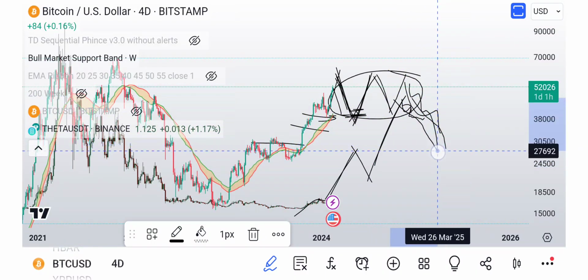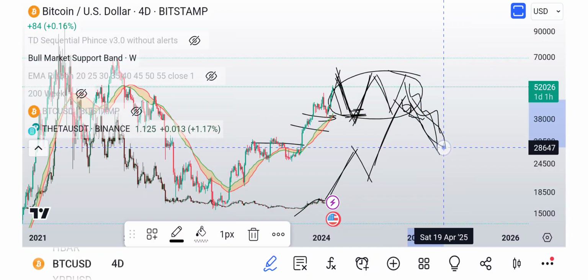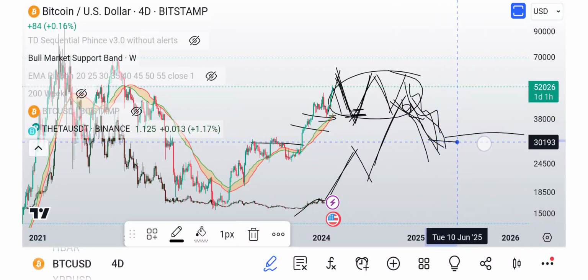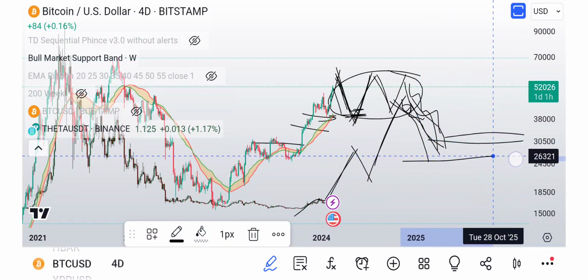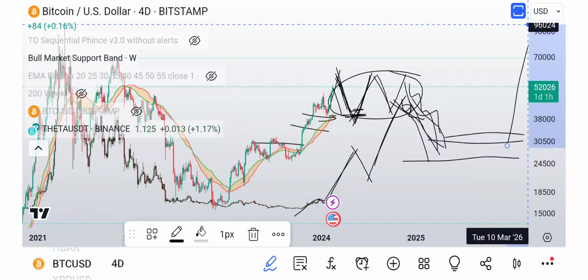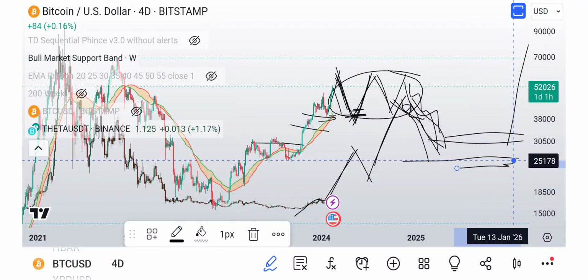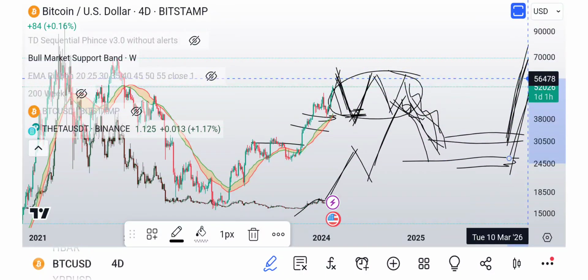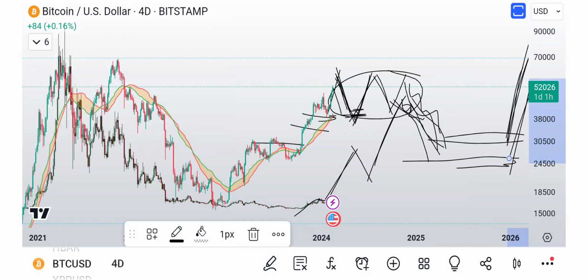Then it starts to come down with Bitcoin. Bitcoin's going into reaccumulation, Theta is as well, right? Then Bitcoin breaks out into a new bull run. Theta sort of lags behind until it proves that it is a bull run, then Theta catches up with it. So that's sort of my thinking.